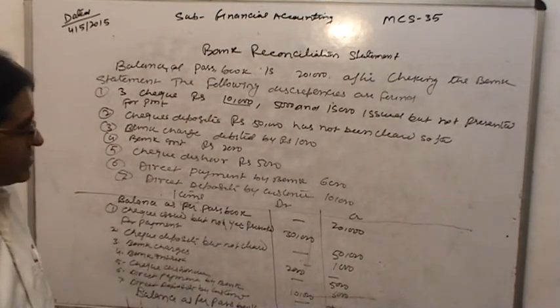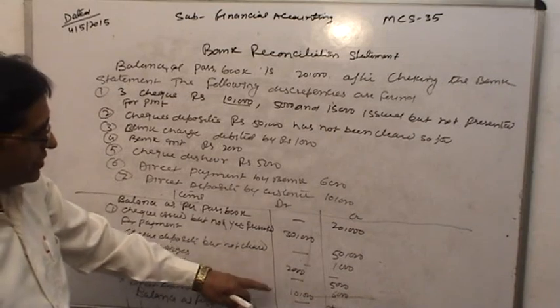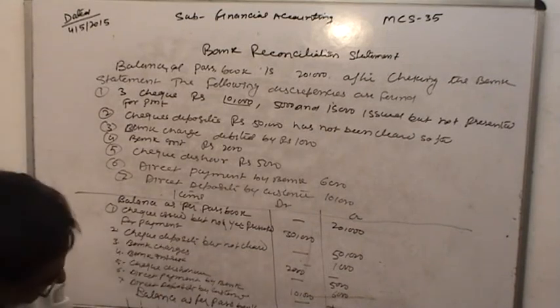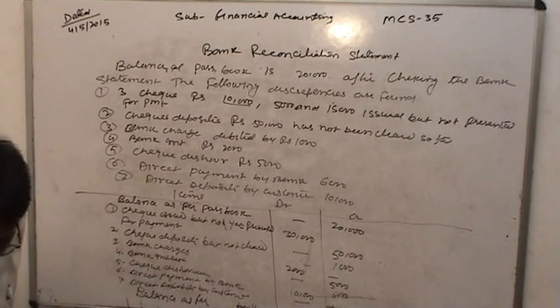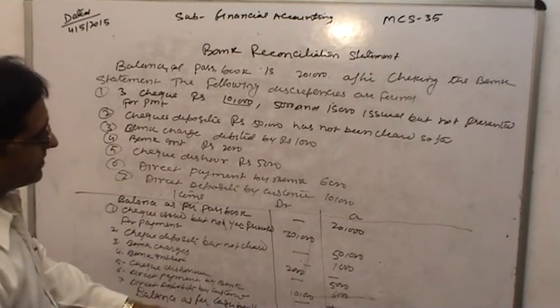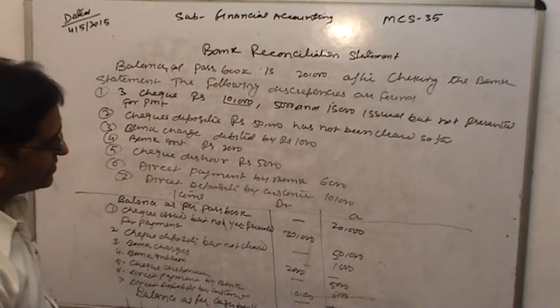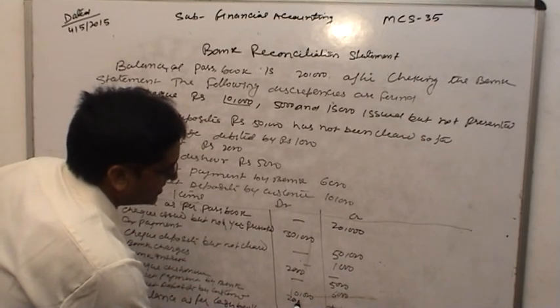And from 82,000 we deduct 42,000, then balance as per cash book will be 82,000 minus 42,000 equal to 20,000, and this is your answer.